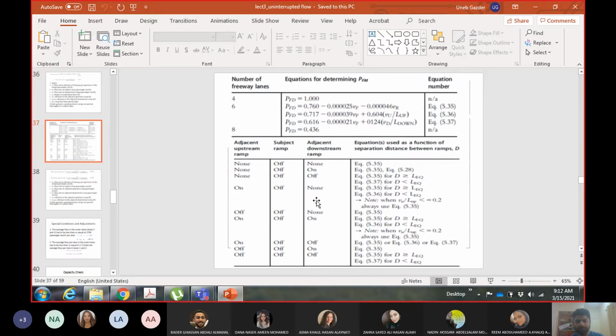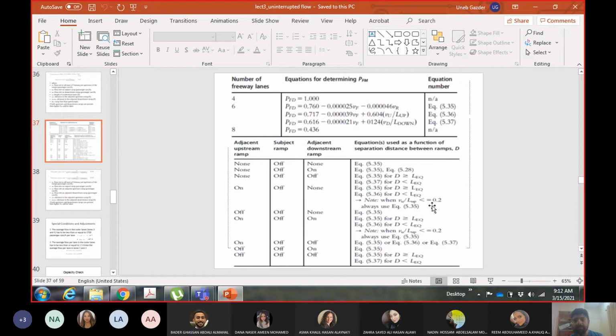We'll come to this table. We have an upstream on ramp, no upstream off ramp, so we are in this condition. First of all, I will check VU upon LUP, the flow rate upon the distance to the upstream on ramp.